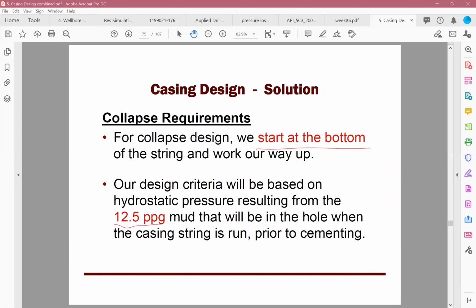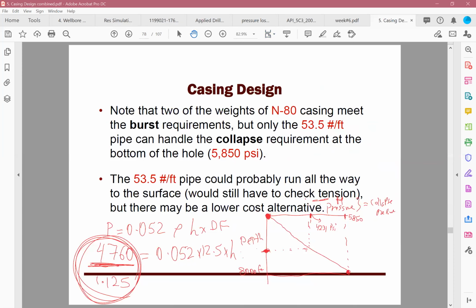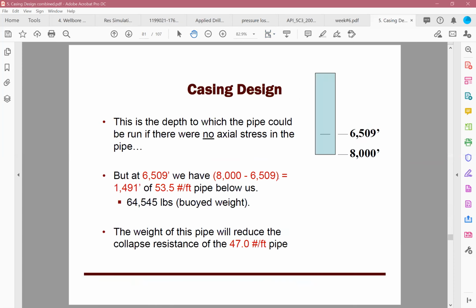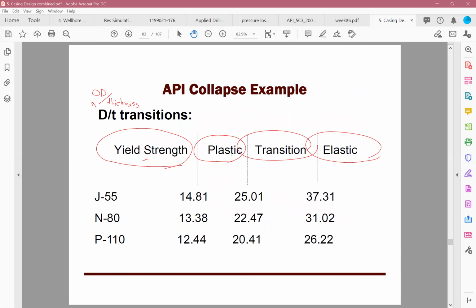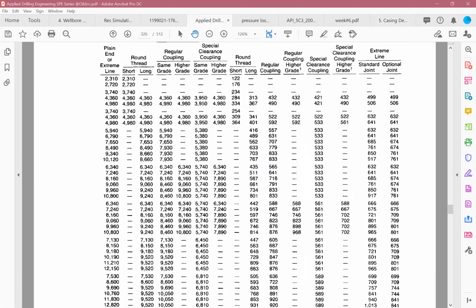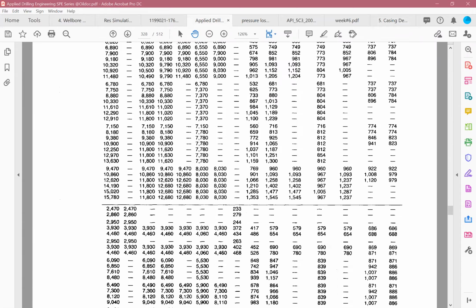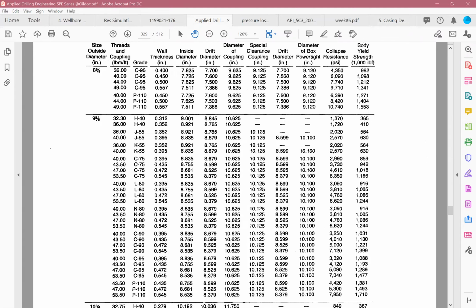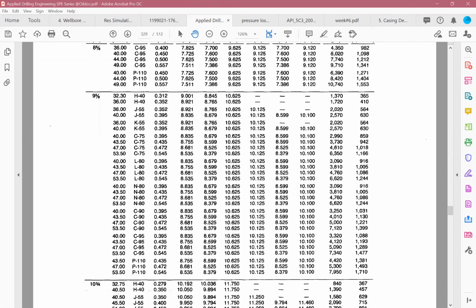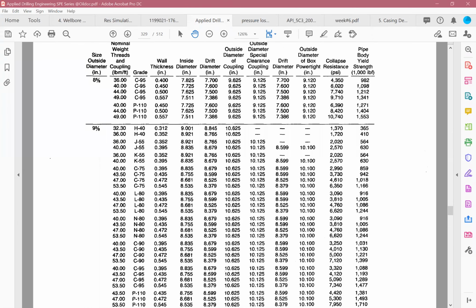So I'm gonna go back here to the page that we were initially. And I'm gonna go to the book, 9 5/8 casing. Every 2 pages, if you open the book, you see that they are in front of each other, so they are the same tables.